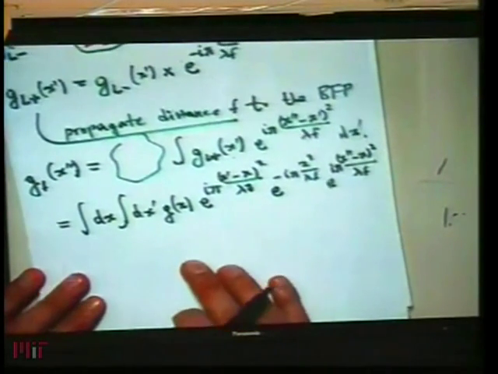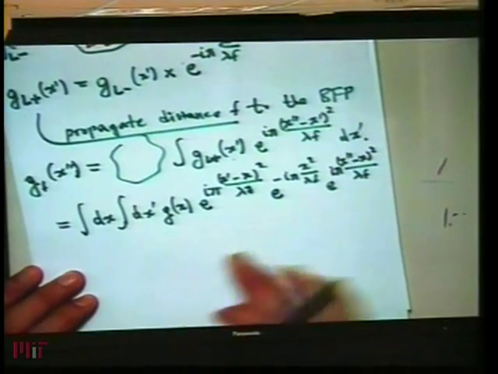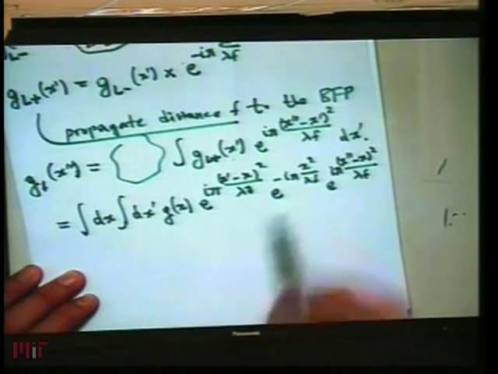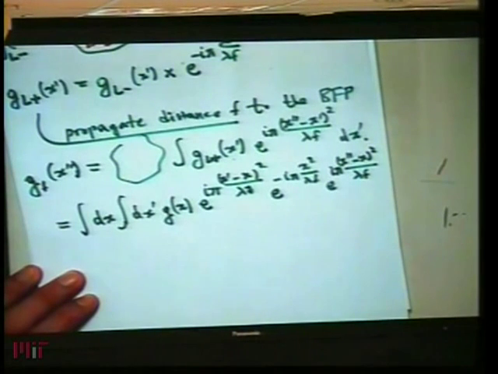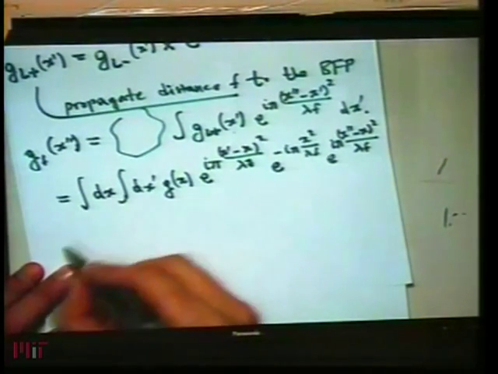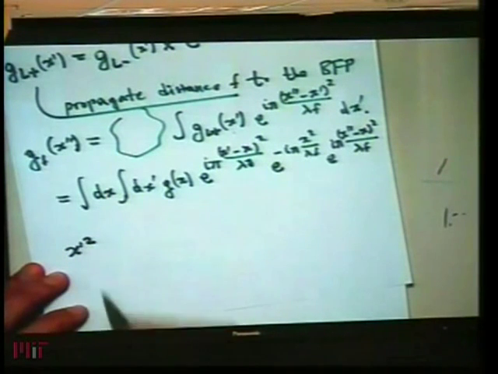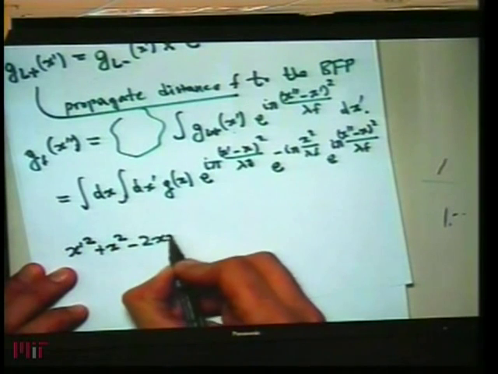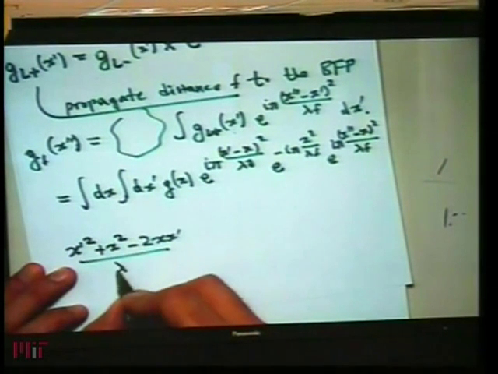So the way you don't get scared by this sort of integral is you manipulate the exponents here, and the first thing you do when you reach an integral of this kind is you try to collect terms. So I'll expand the exponents and collect terms then. If I expand the exponents, I will get x prime square plus x square minus 2x prime x over lambda z.